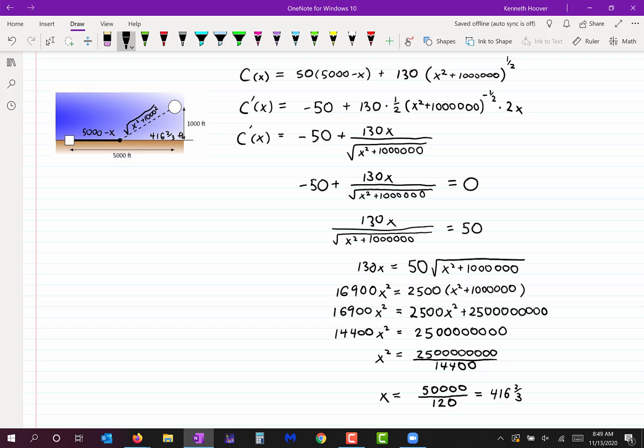Okay, something else. We need to actually find these numbers. Okay, that's number one. But number two, before I even spend time on that, I need to make sure that this will minimize the cost and not maximize the cost.